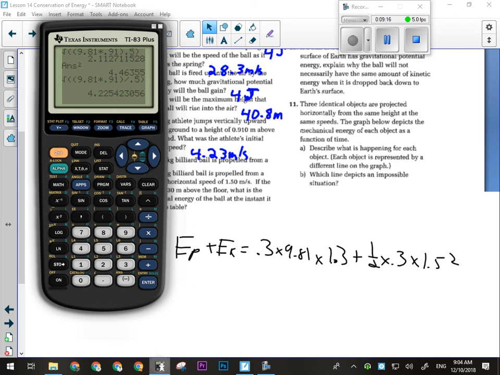So 0.3 times 9.81 times 1.3 plus 0.5 times 0.3 times 1.5 squared. All right, so we got 4.16 joules worth of mechanical energy. It's not very much because it's not very high off the ground and not moving very fast, so it doesn't have many of the ingredients to have a lot of energy.